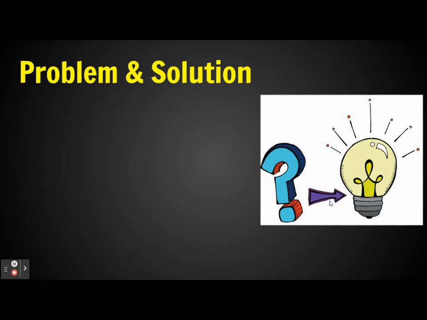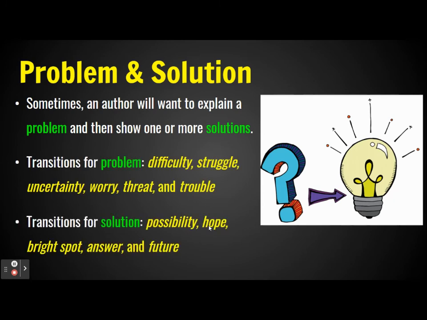So problem leads to solution. Go ahead and draw that. Again, you don't have to add all the detail, just the shapes will do. Okay? And then make sure you have all the information in your notes. Pause the video if you need to, and we'll move on to the last text structure.